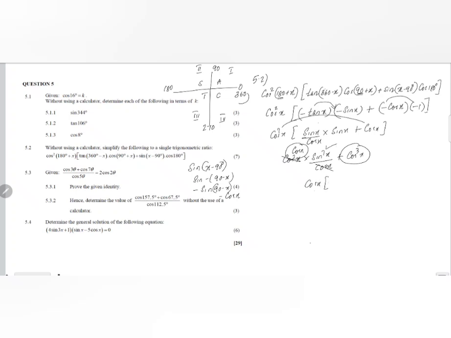Inside the bracket only sin square x in the first term, plus from cos cube x, when you remove one cos x, you will get cos square x. Is it clear? So what is that, guys, inside the bracket, which is 1? That is cos x times 1. So the answer is cos x. So that's how we do that question. Is it clear?